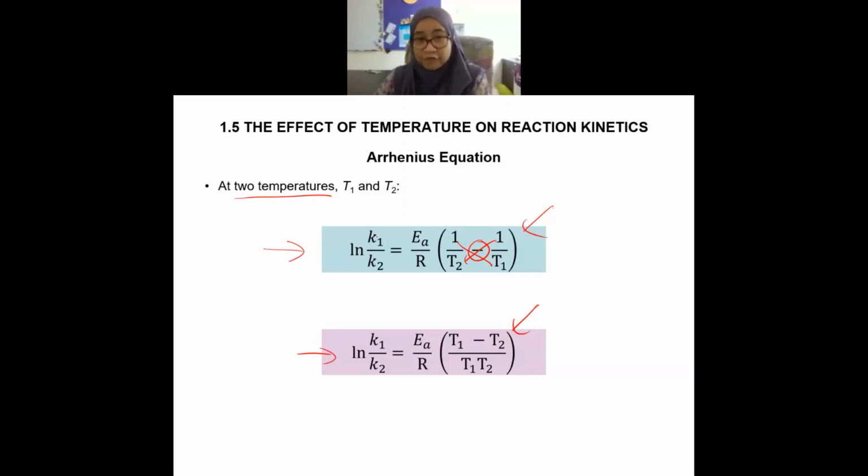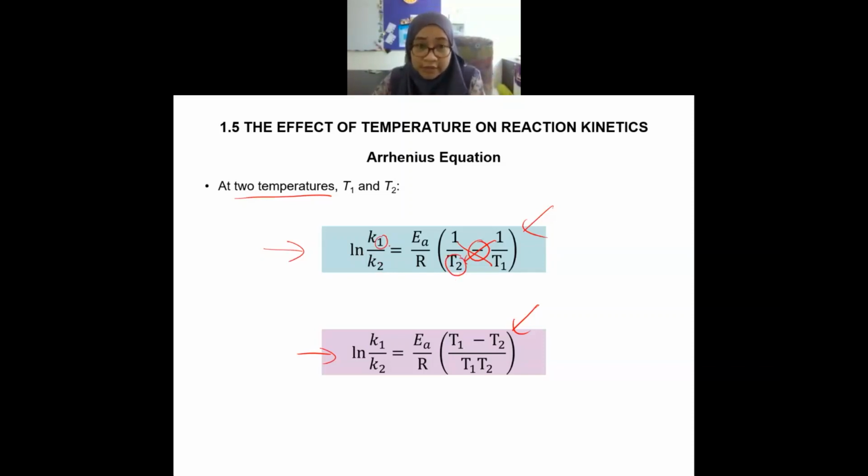Just be careful with the formula itself. The other option would be ln K1 over K2, and for its pair, if here is K1, here should be T2.